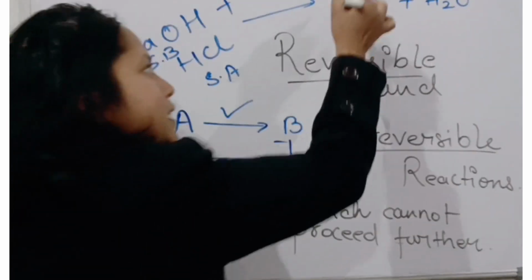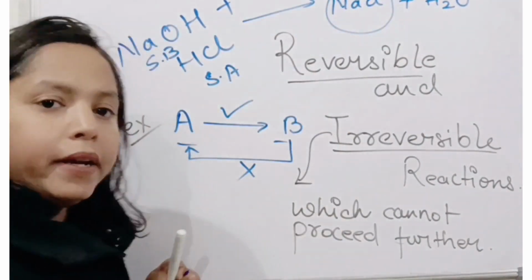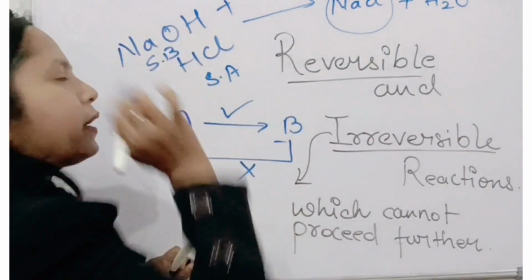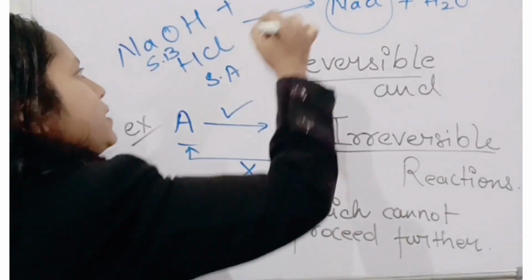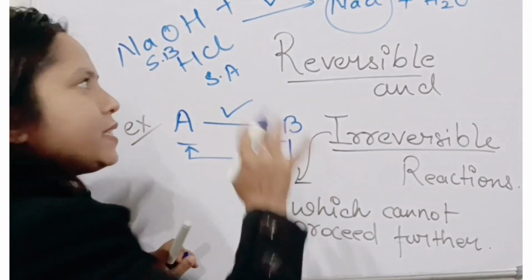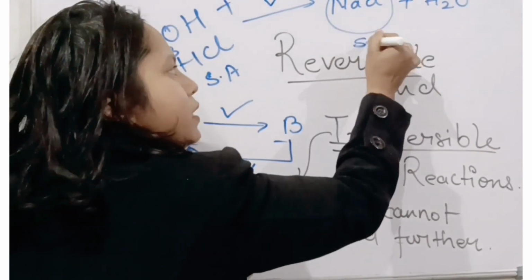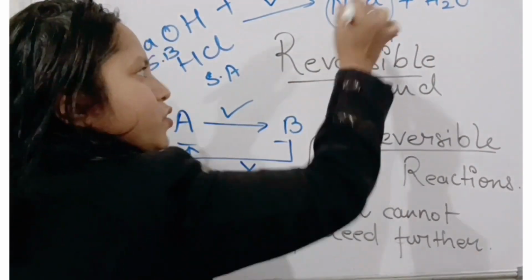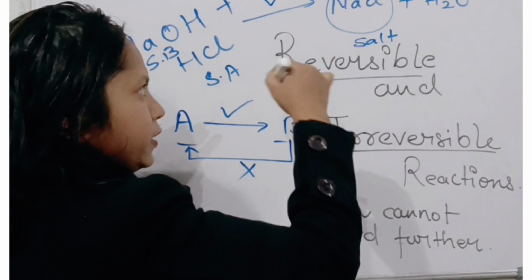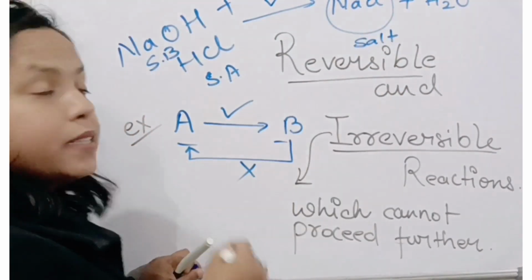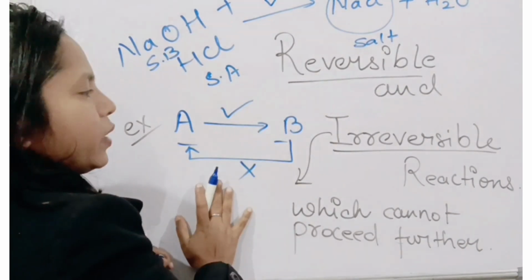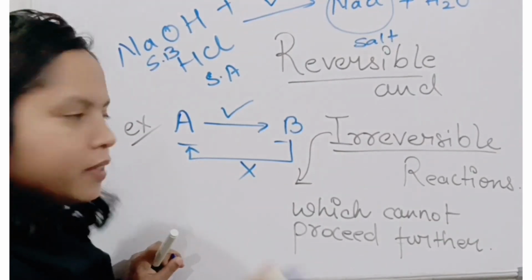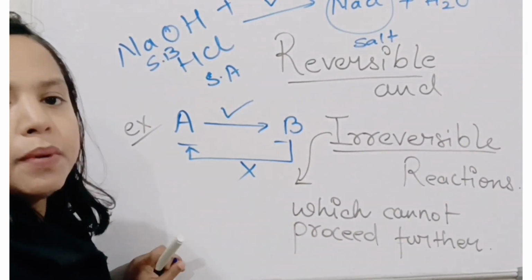So once this salt forms, student, it is not going to form NaOH or HCl again. This mode is possible. Once this NaCl salt has formed, it is not going to change further back into NaOH and HCl. Got it? So this is known as an irreversible reaction.